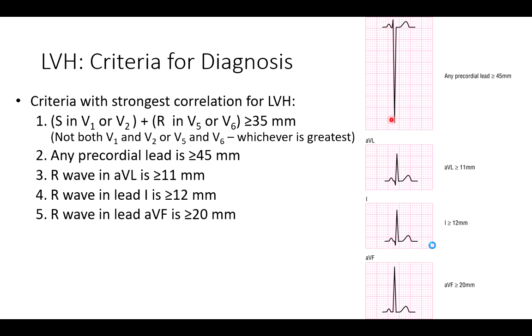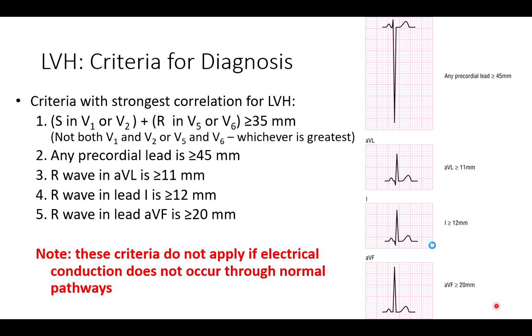Or a single that's greater than 45. If I look at the R wave in aVL, the R wave in lead 1 being greater than 12, the R wave in aVF greater than 20, all these indications.